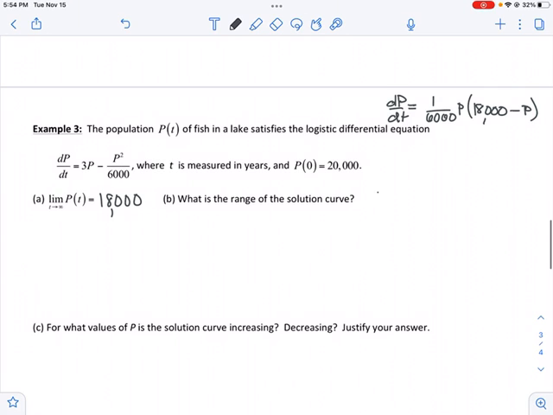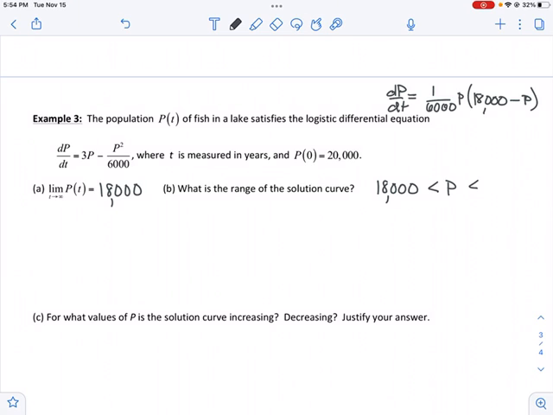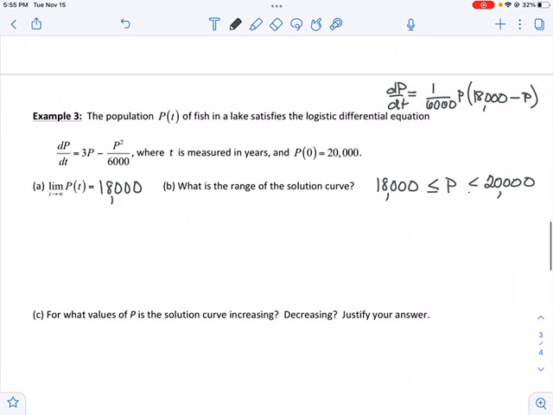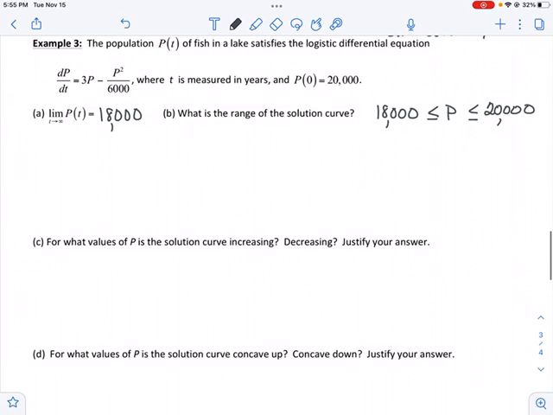And then what is the range of the solution curve? It's going to go from 18,000 to 20,000, and so put equal signs here. Then, part C: for what values of P is the solution curve decreasing? dP/dt is equal to 0 where?